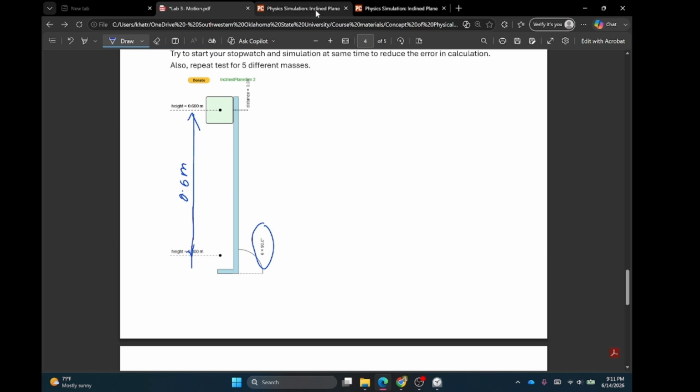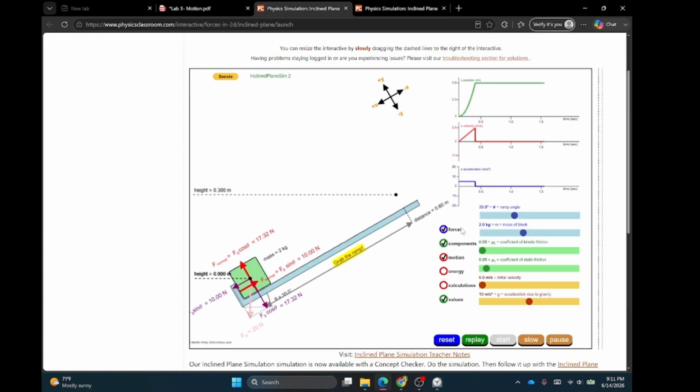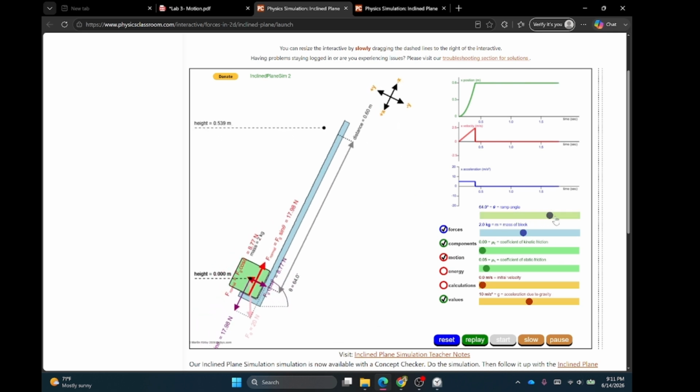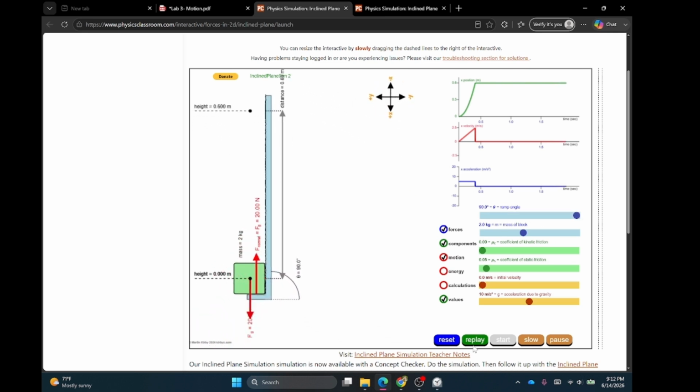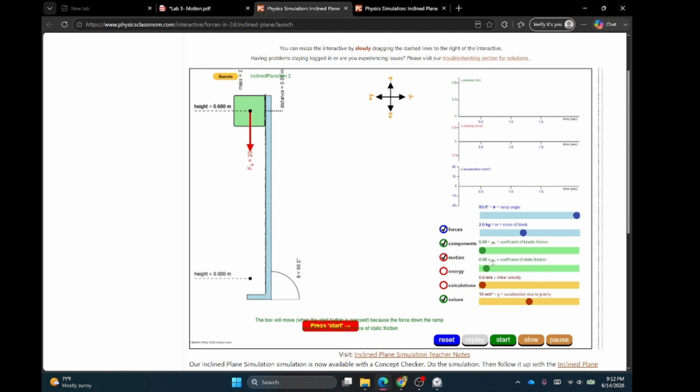Now for the second section, go here, change the angle to 90, friction to 0. Now we have a free fall.